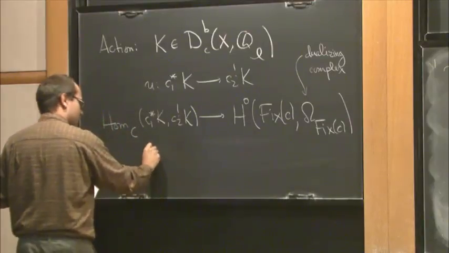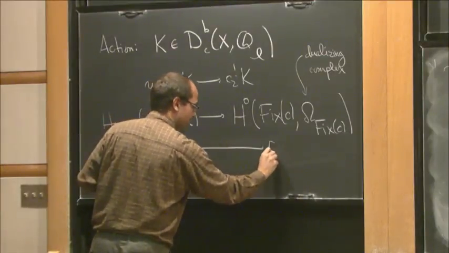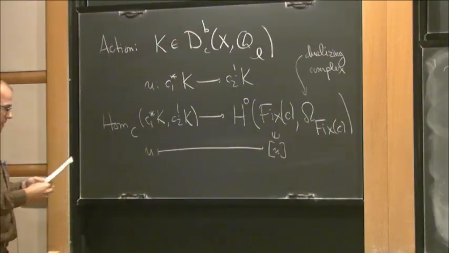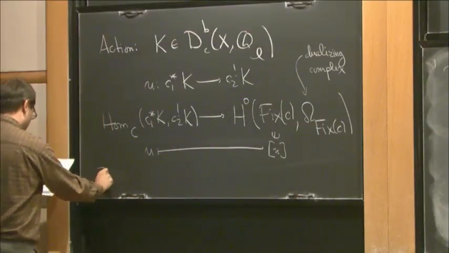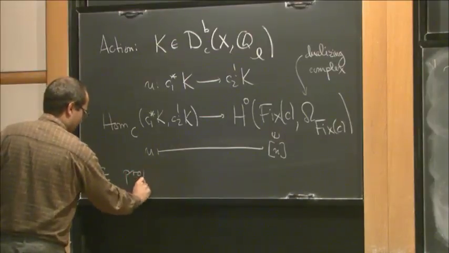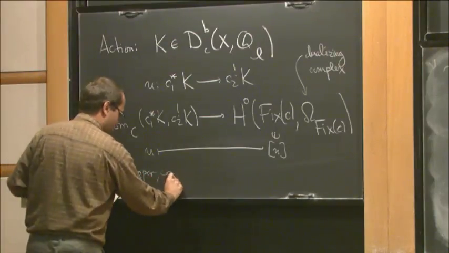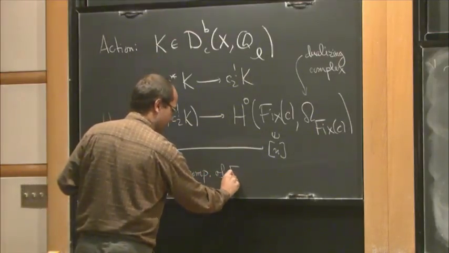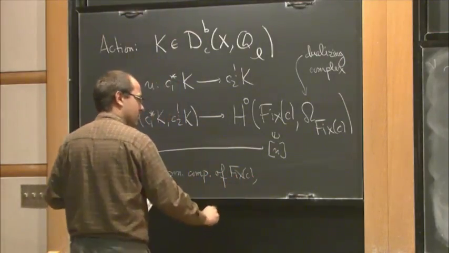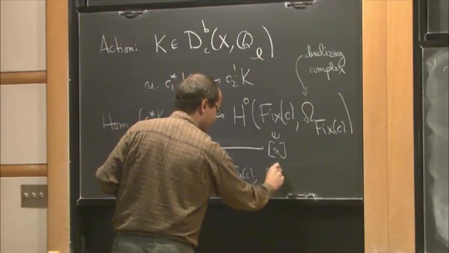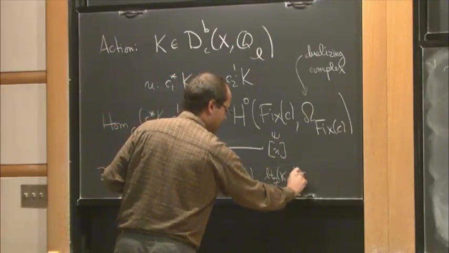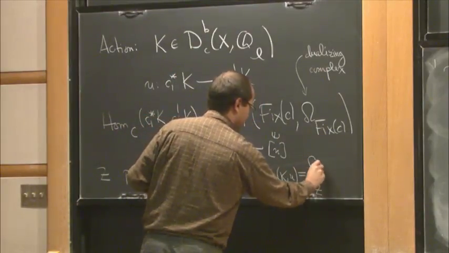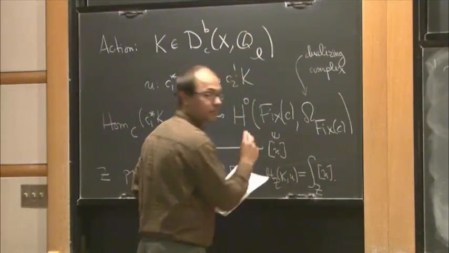I'll write it like this: U goes to square brackets U. And then for Z a proper connected component of this fixed point locus, this local term at Z of K_U is defined to be the proper push forward of this class. It's usually written as the integral of this class, square bracket U.